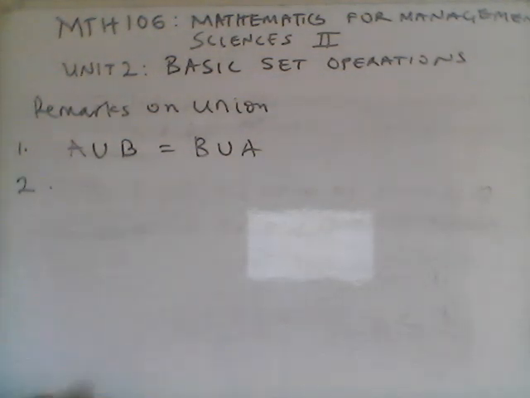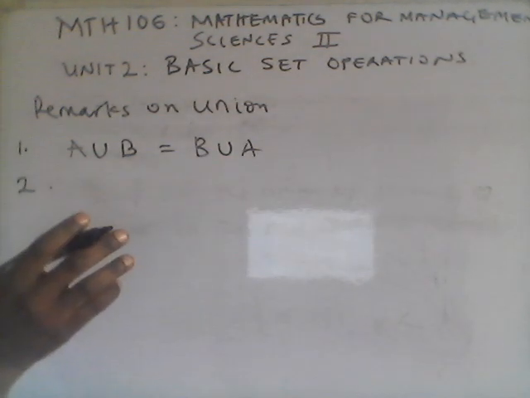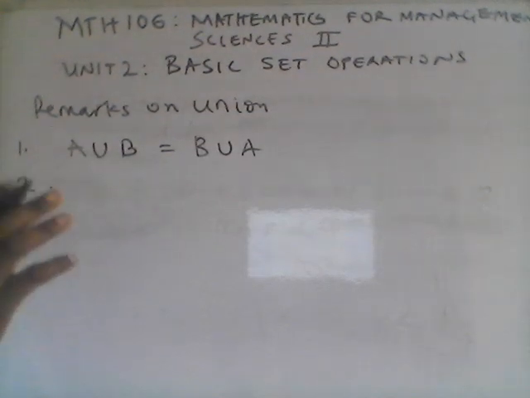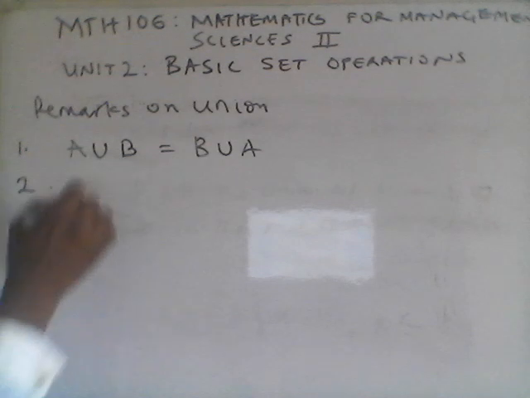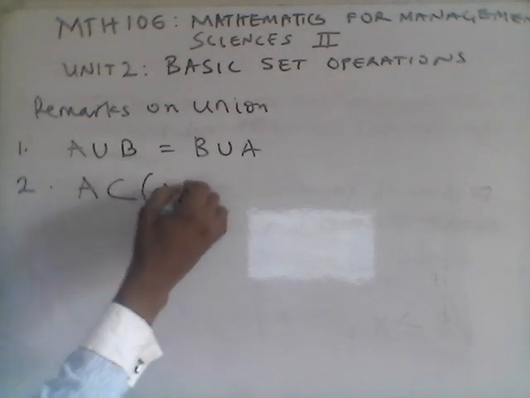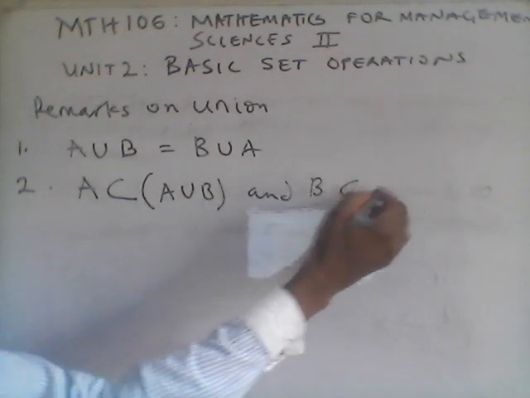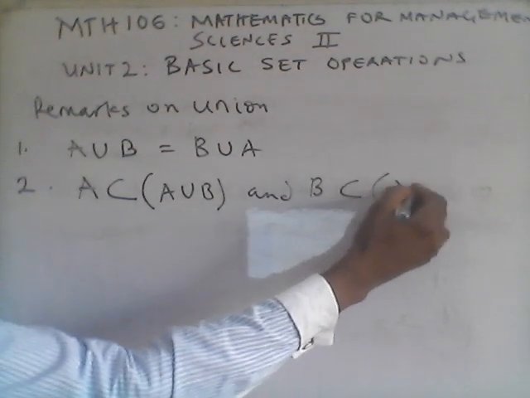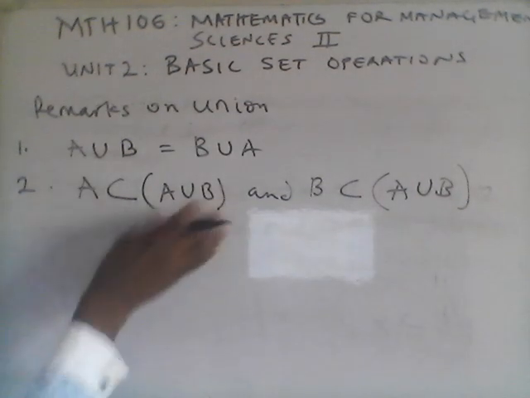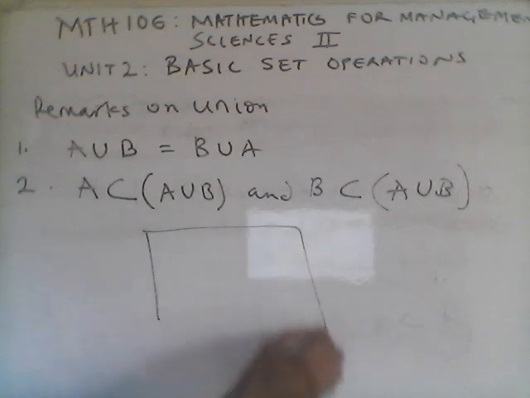Second remark is that both A and B are always subsets of A union B. That is, A is a subset of A union B, and B is a subset of A union B. You know what subset is? It means that A is inside the whole thing. For instance, now I have this Venn diagram again.